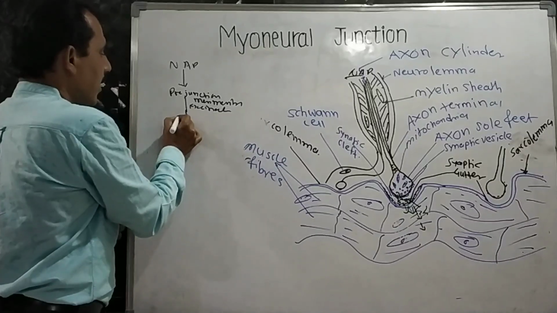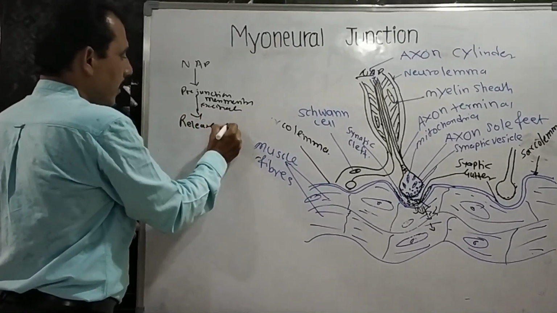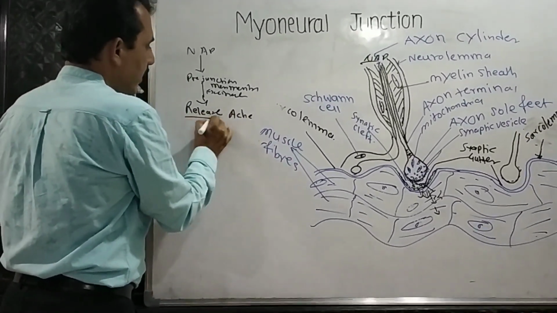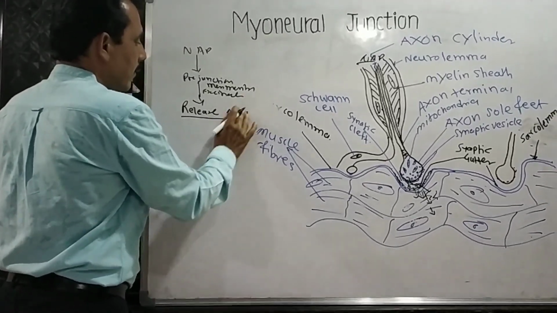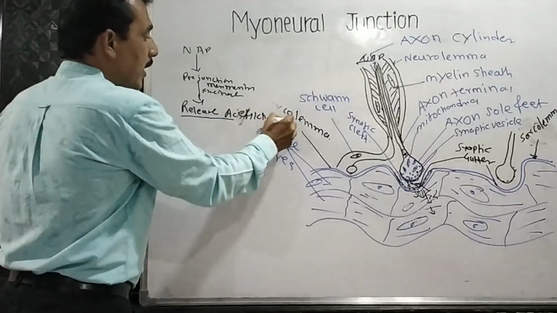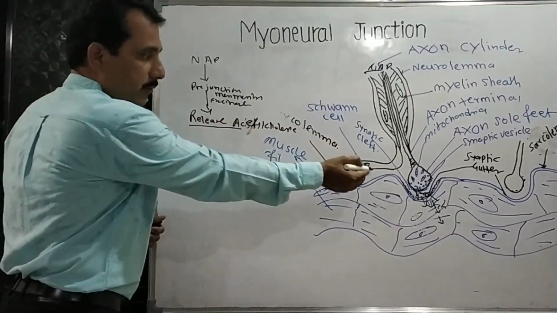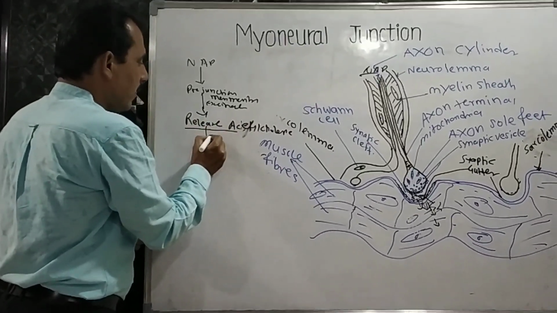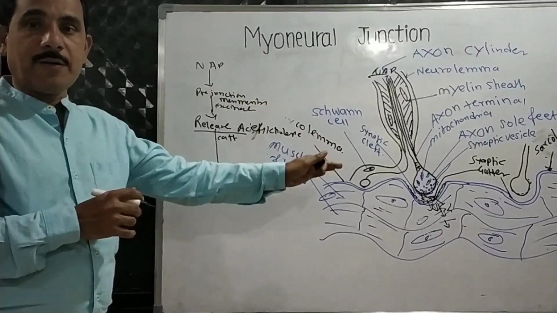After excitation, it causes release of acetylcholine, the neurotransmitter substance. It is released from the synaptic vesicles into the synaptic cleft in the presence of calcium. Calcium ions cause the release from the synaptic vesicles.